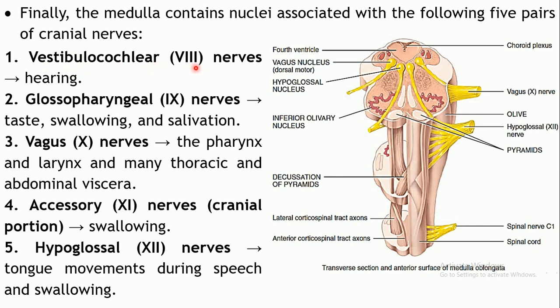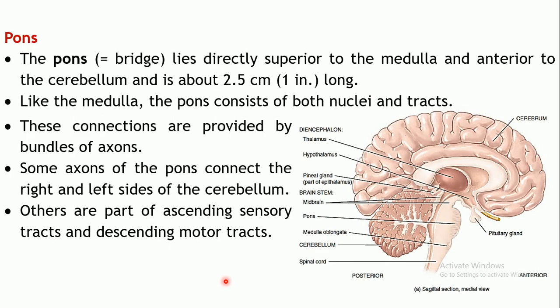That is the vestibulocochlear nerve, 8th cranial nerve, associated with hearing; glossopharyngeal or the 9th nerve, which is associated with taste, swallowing and salivation; the vagus nerve, that's the 10th cranial nerve, which is associated with the pharynx, the larynx and most of the thoracic and abdominal viscera; accessory nerve, that's the 11th cranial nerve, which is associated with swallowing; and hypoglossal nerve, that's the 12th cranial nerve, which is associated with the movement of the tongue as you are speaking or swallowing. So this has to do with the medulla oblongata.